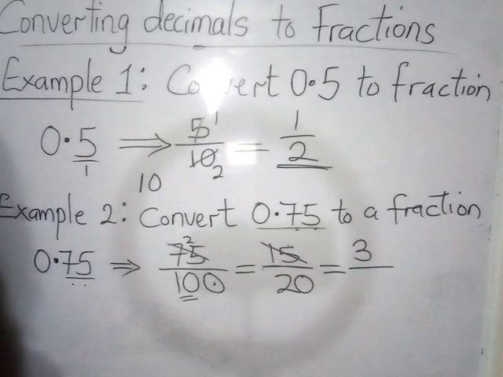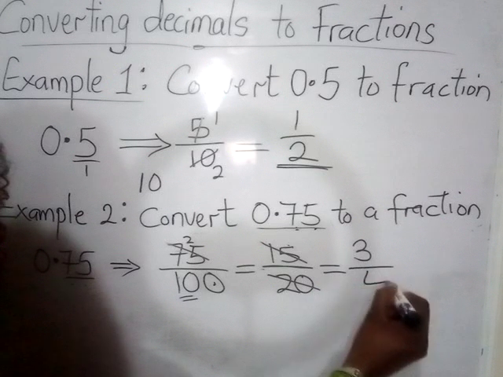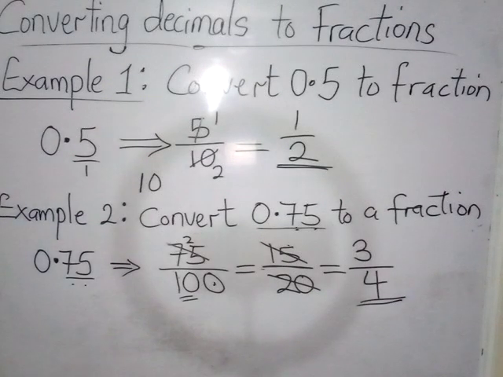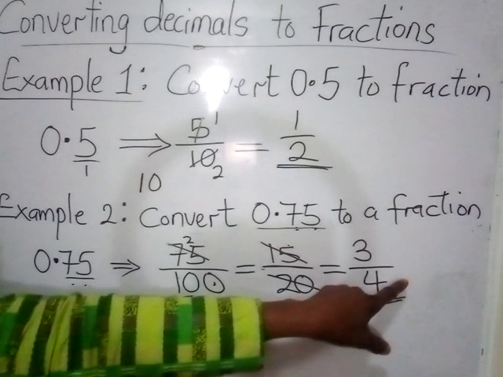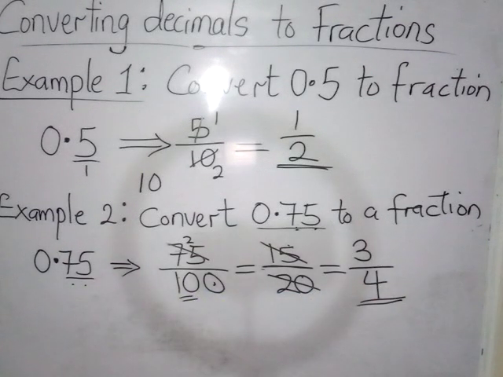You roll your horizontal line, and 5 divides 20 to give 4. If you look at 3 and 4, there is no number that can divide those two further. So this is the fraction we are looking for. That means 0.75 is equivalent to 3 over 4. That's 3/4.